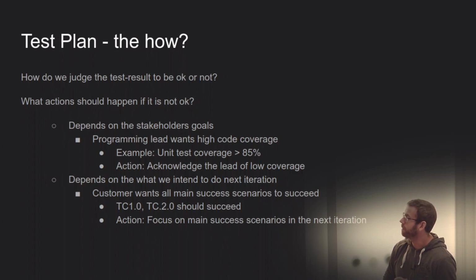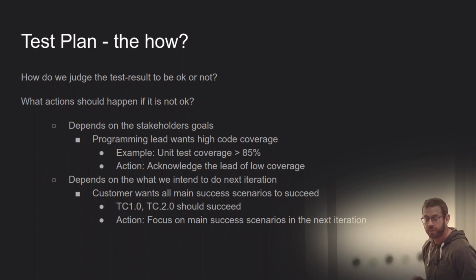And if the coverage was low, then this report that you write should be read by the unit test lead, or the programmer lead, so that they can decide on that.